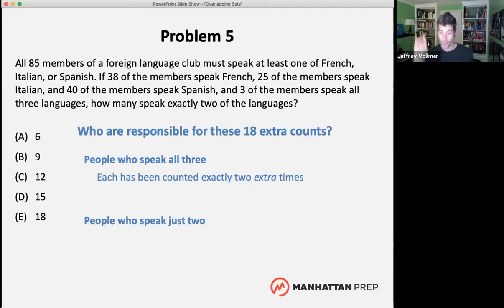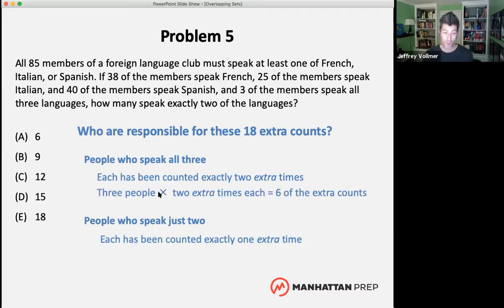Everyone gets counted once, and then some people get counted an extra time, the people who speak 2 languages. Each of the people who speak just 2 languages got counted 1 extra time. All right, so this is how I like to think about this. There were 3 people who speak all 3 languages. So there are 3 people that I counted 2 extra times.